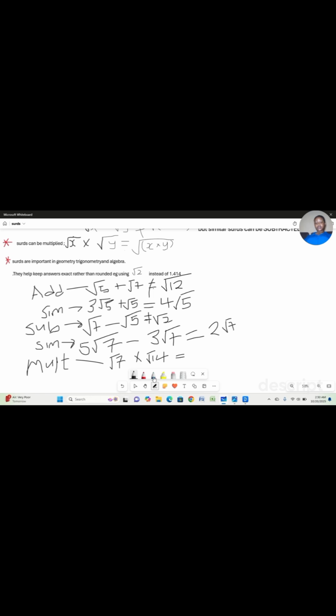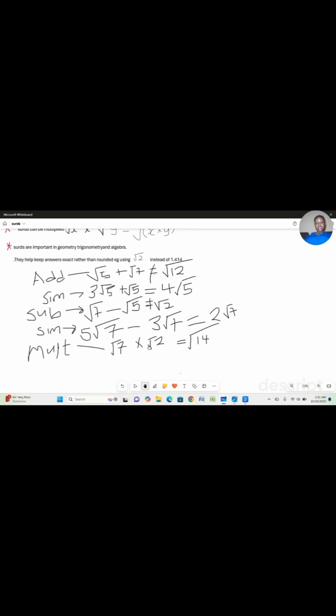Root 7 times root 2 is going to give you root 14. I'm going to give more examples regarding multiplication so you understand it more.